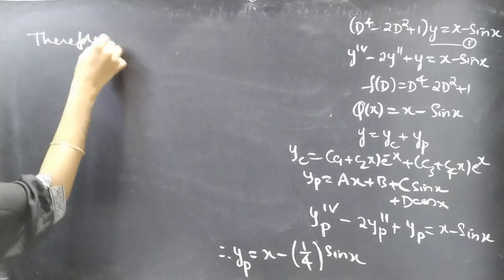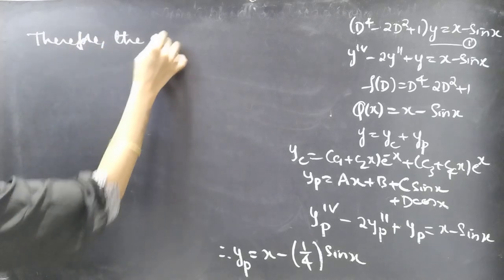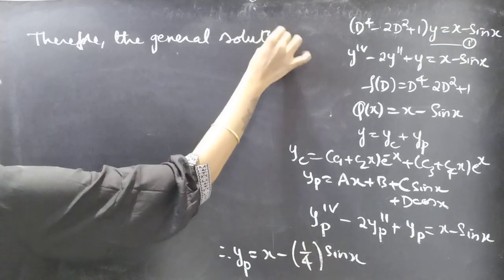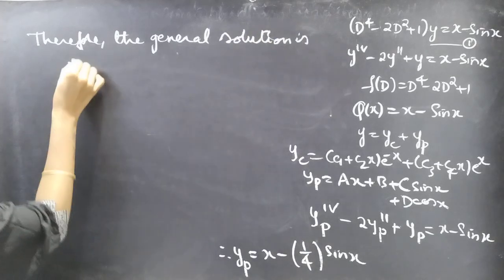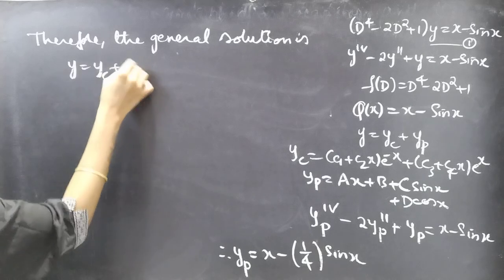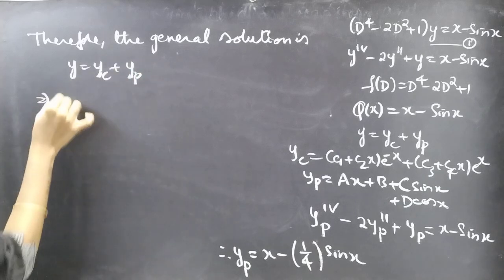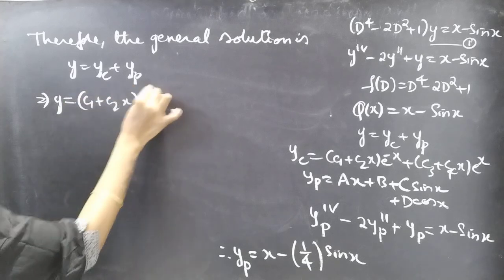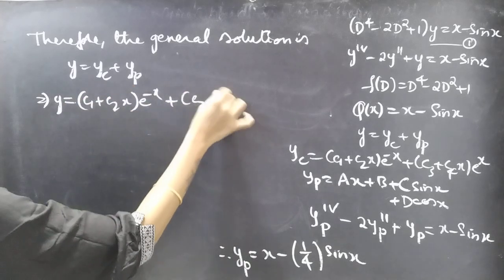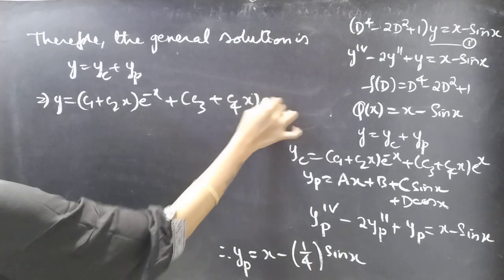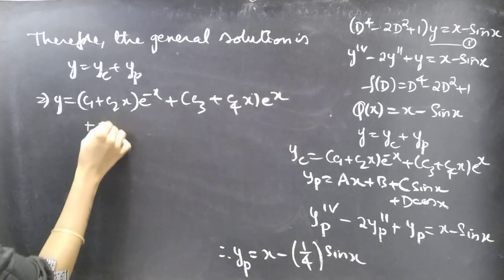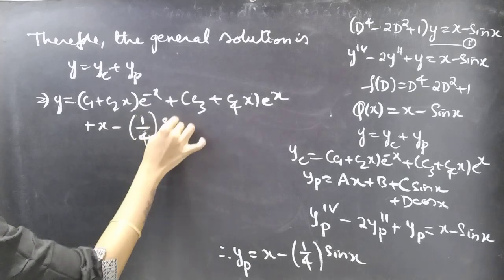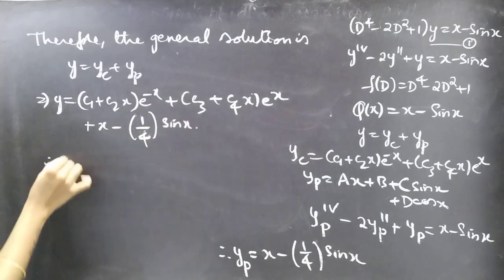Therefore, the general solution is given by y equal to yc plus yp, then y equal to yc, c1 plus c2x into e power minus x, plus c3 plus c4x into e power x, plus yp, x minus 1 by 4 into sin x, which completes the problem.